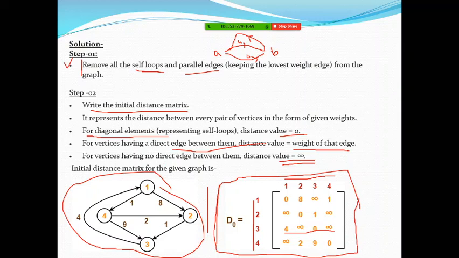Now we are going to evaluate D1. What is this D1? D naught is the given matrix, and we will evaluate D1 in the next slide. What is the meaning of D1? D1 means we can take advantage of vertex 1, like connecting 1 with 1.